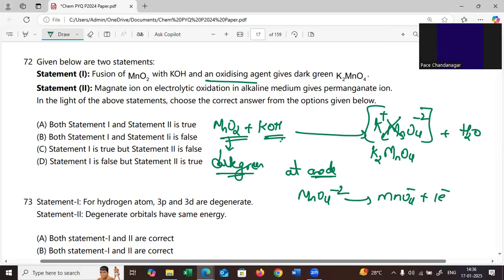Anode will be taking up the electron. So fusion of MnO2 with KOH and oxidizing agent gives dark green K2MnO4, correct. This is dark green. Yes, that is correct. And manganate ion in electrolytic oxidation in alkaline medium will give you permanganate ion. This is also right. So both statement 1 and 2 are right.